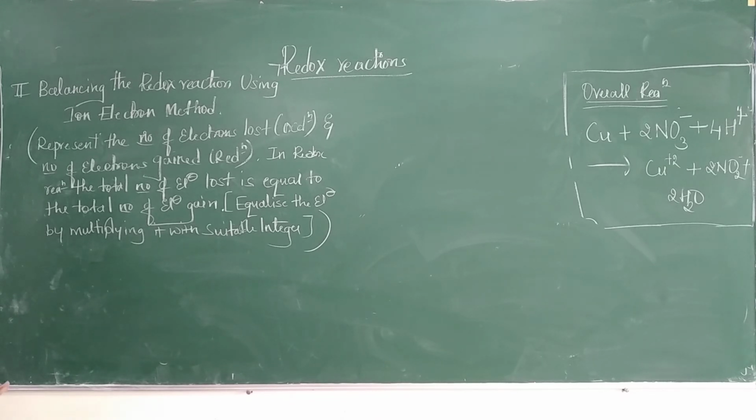If not equal, you equalize by multiplying with a suitable integer. The ion electron method represents the electronic concept of oxidation and reduction, whereas the oxidation number method represents the oxidation number concept.